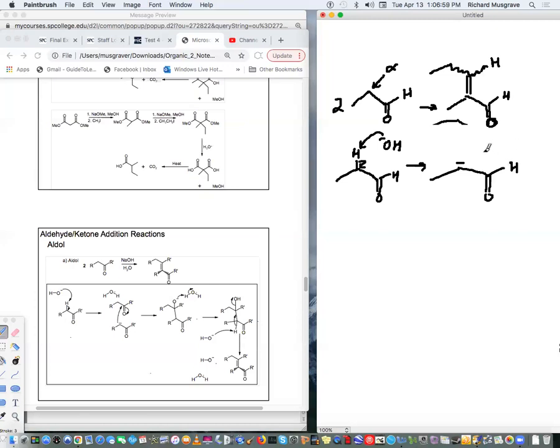After that, we can have the negative charge attack another equivalent of the same thing. And that's the important step, because that's the step where we get the two carbon chains joining together.